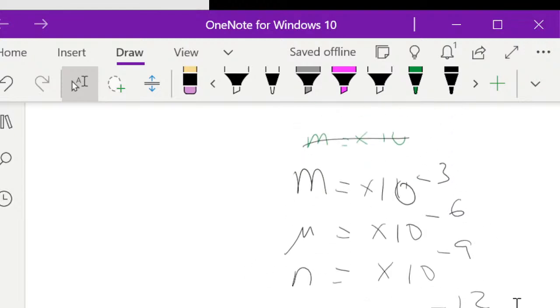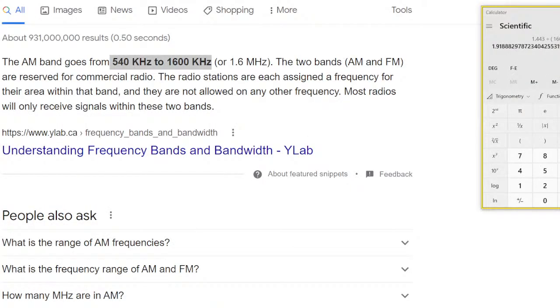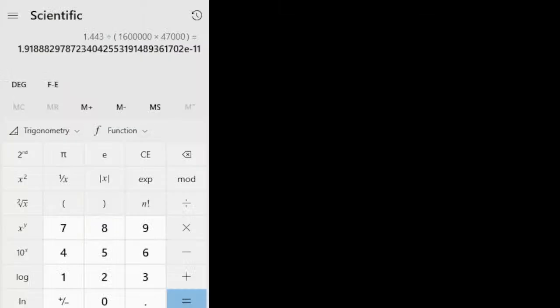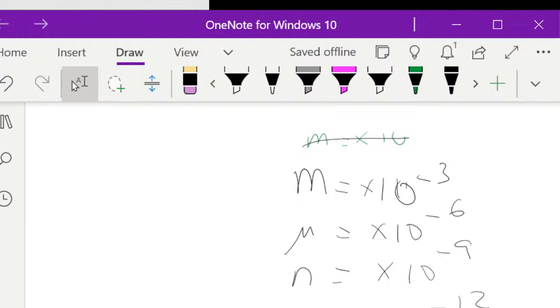So because our calculator was at minus 11, and we have no name for that, we want to make it either minus 9 or minus 12, so we can call it nano or pico. So we want to make it look like one of these.